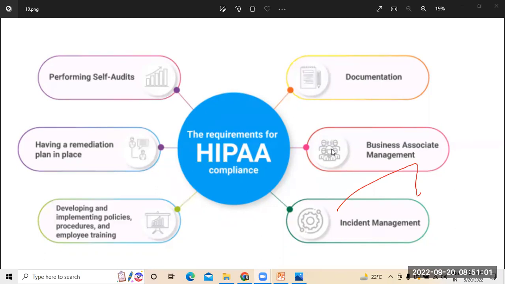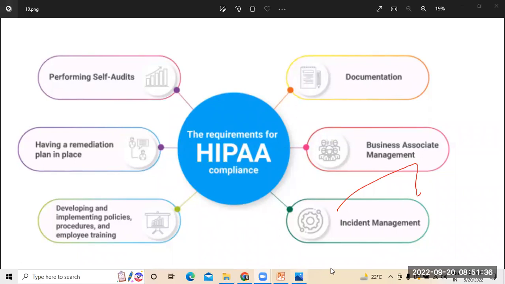That is what comes under this. This is all about the third party auditors. This is all about the HIPAA part, which I have covered.